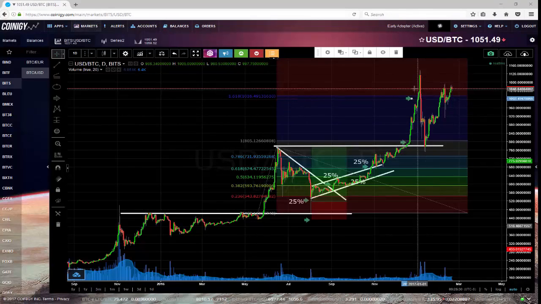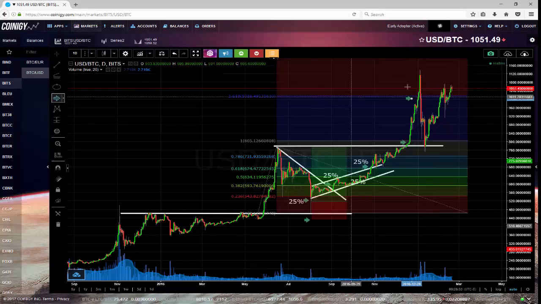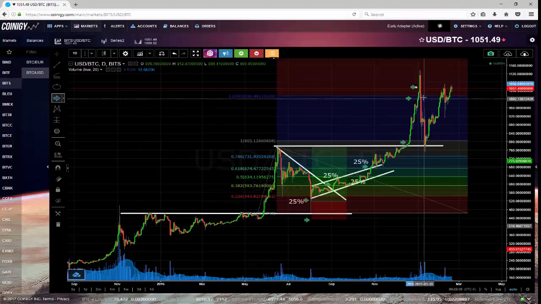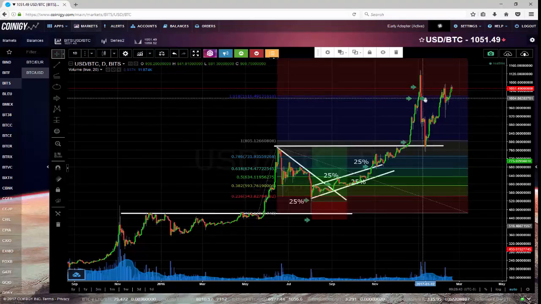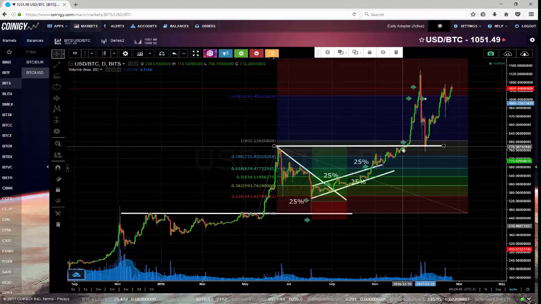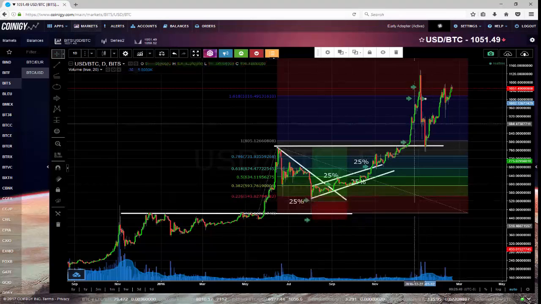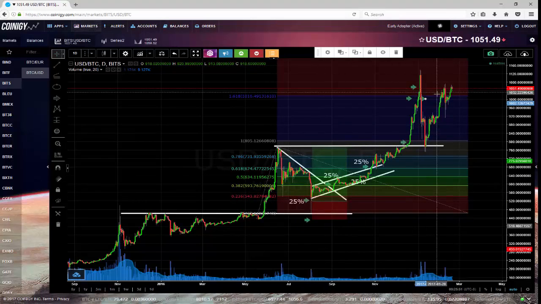And then when it goes parabolic, sell into strength. And as it breaks down, close out the rest of your position. So you could also use what's called a trailing stop to close out your position as the market moves against you. You can calculate what percentage you want that to happen at. So this is basically a potential swing trading scenario and how you would manage risk on this.